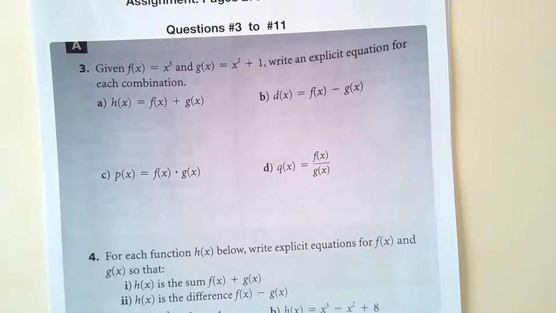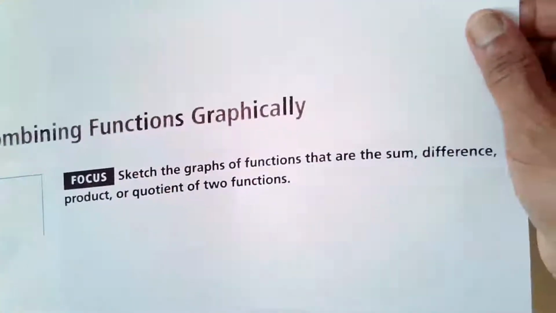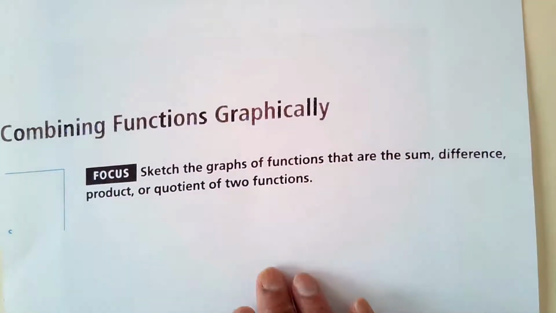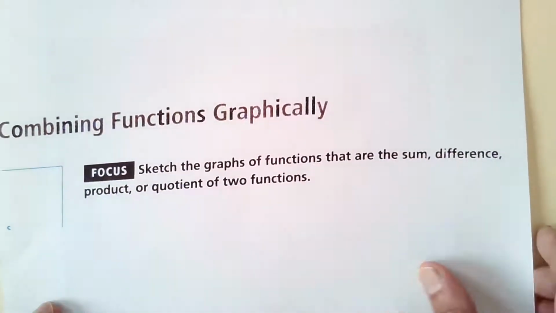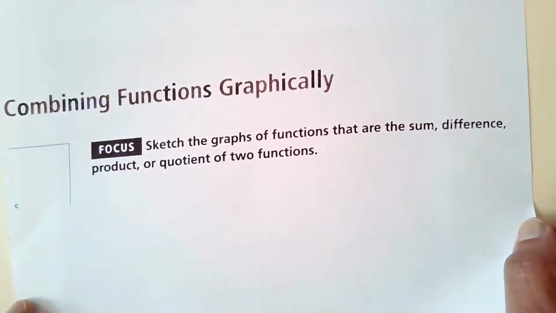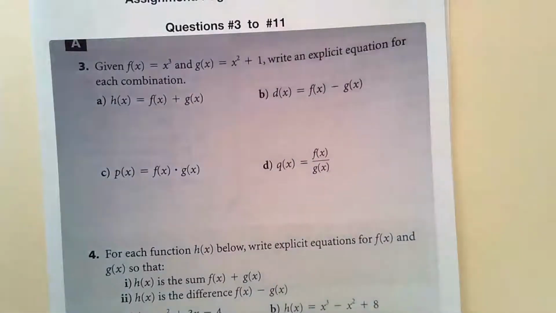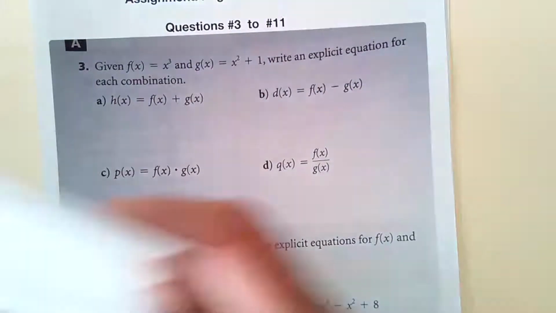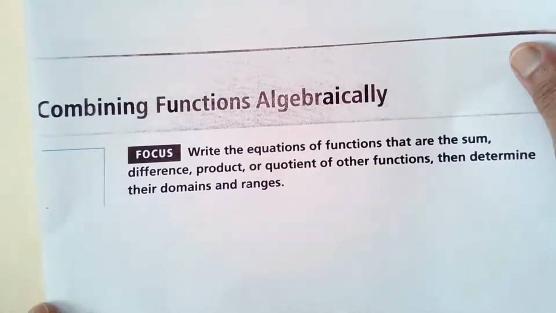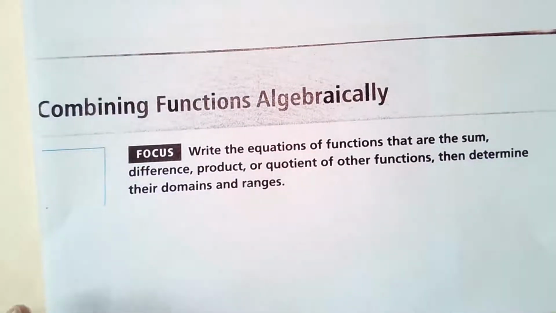We sketch the graphs of functions that are sum, difference, product, or quotient of 2 functions. Then lesson 2, which we are finishing off today, write the equations of functions that are the sum, difference, product, or quotient of other functions, then determine their domain and ranges.